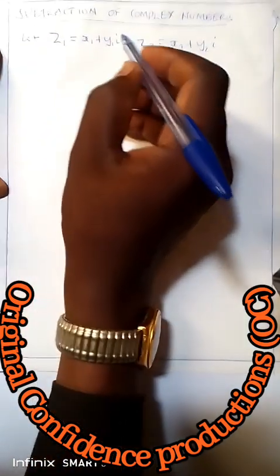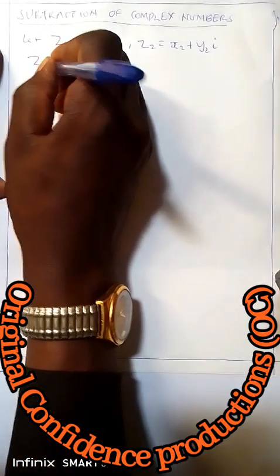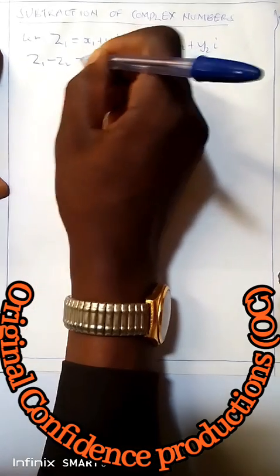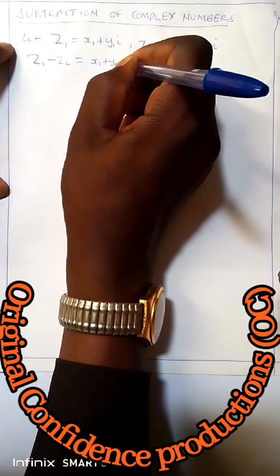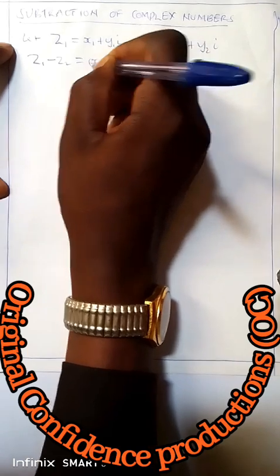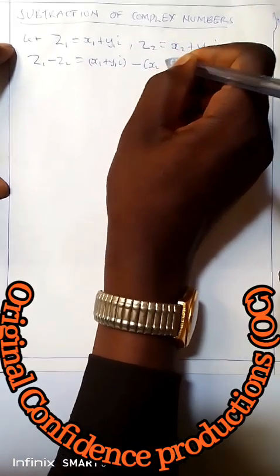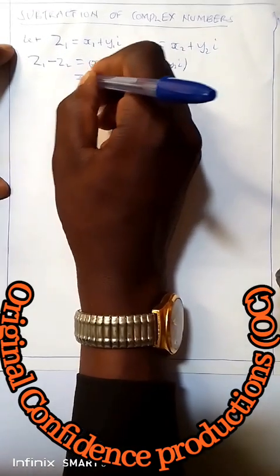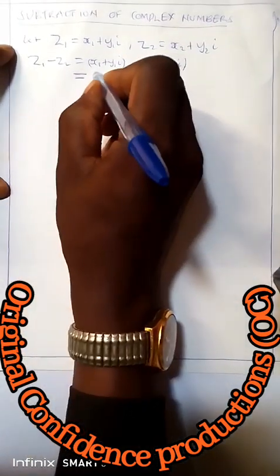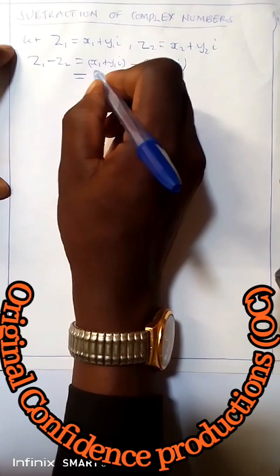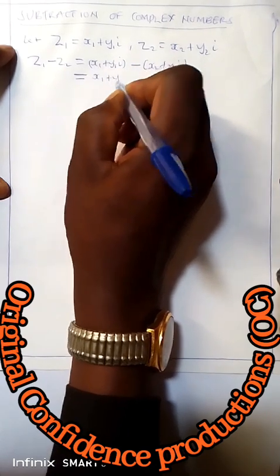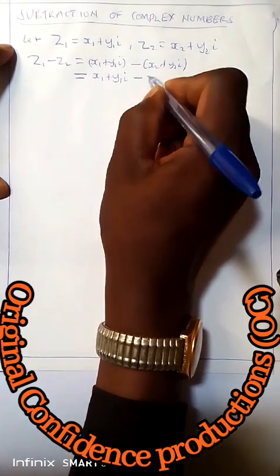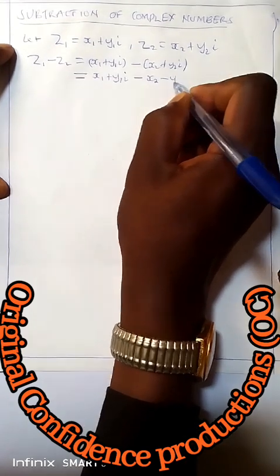So when we say subtraction, that is z1 minus z2, will be equal to x1 plus y1i minus x2 plus y2i. Those are the two complex numbers. So we end up having x1 plus y1i, then minus x2 minus y2i.